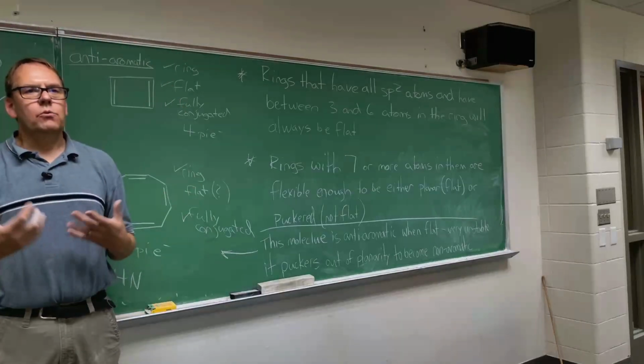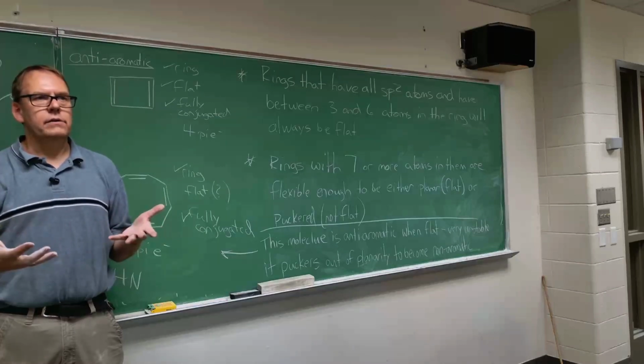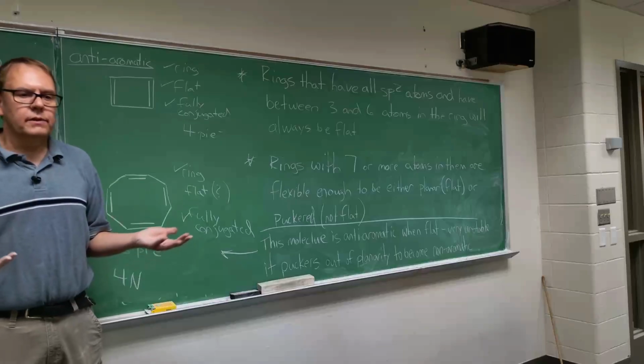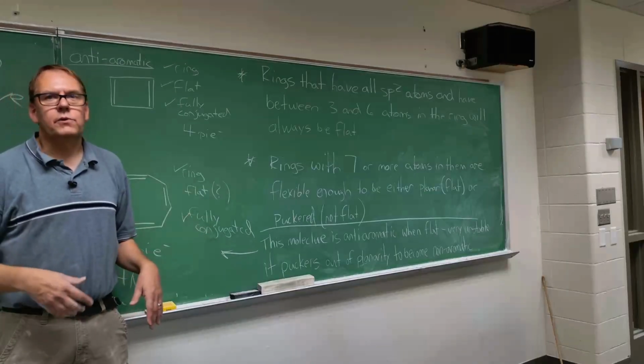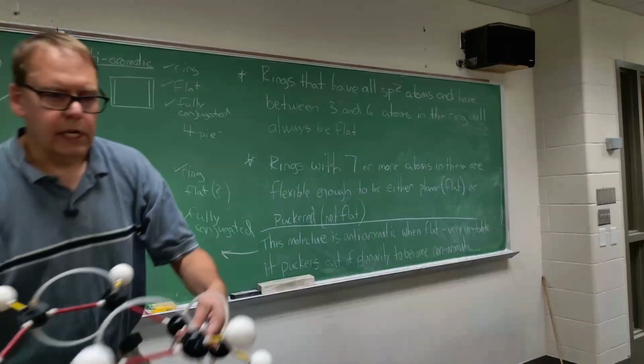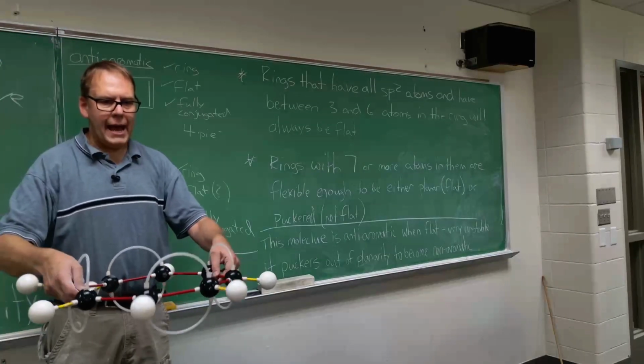So if you're a molecule, what you want to do is adopt the conformation that gives you the best energy state, the lowest possible energy position. They like to be comfortable. That's what they do. They'll arrange themselves in whatever the best arrangement is. And for this molecule, cyclooctatetraene, flat is bad.